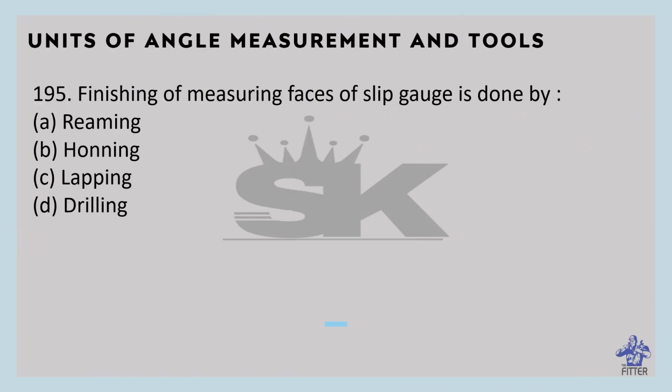Finishing of measuring faces of slip gauge is done by lapping. Slip gauge is also known as gauge block or Johnson gauge.